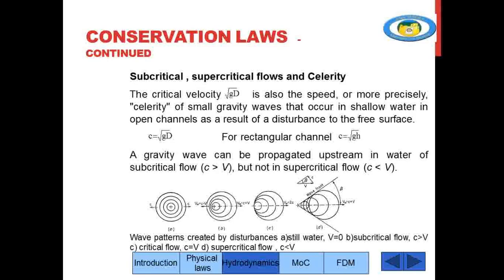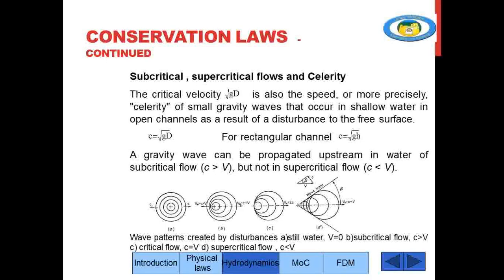Of course, the one traversing downstream is aided by the flow of water, so the absolute wave velocity is C plus V. What's moving on the other side is V minus C, which is smaller in magnitude and opposite in direction.